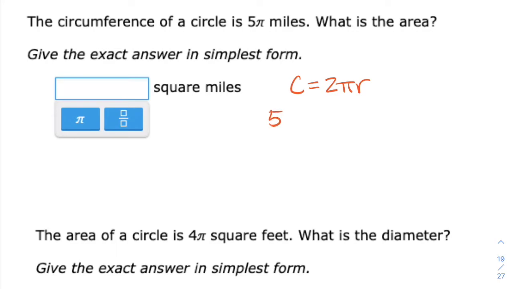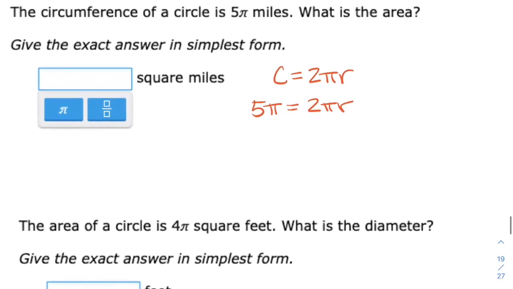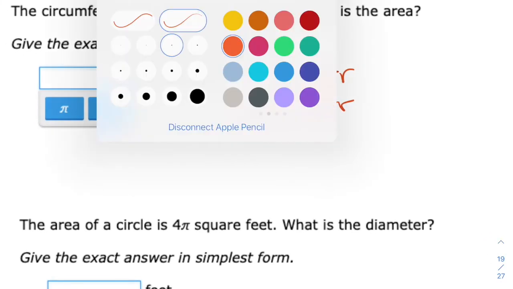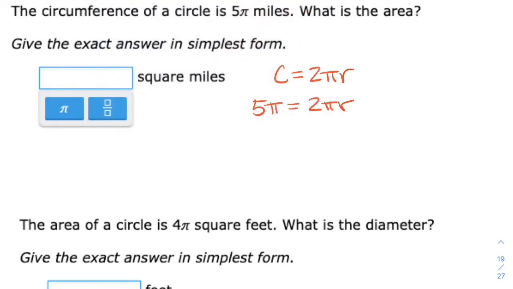So they give me 5 pi as my circumference. It's 5 pi miles, but let's just leave the unit of measure out for now.